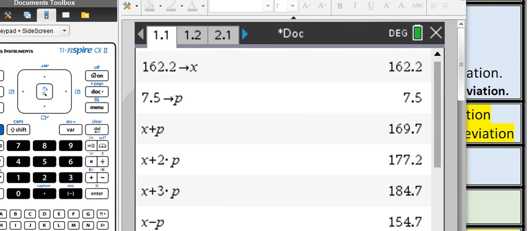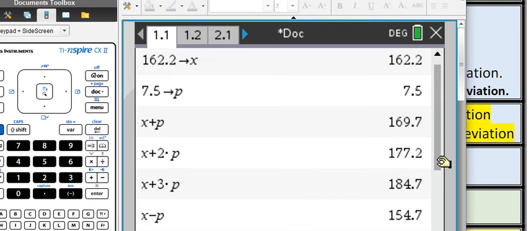Now, my goal was to store 162.2 as x for the mean, 7.5 as p for our population standard deviation, and then just calculate the deviations from the mean. So x plus p, that's one deviation from the mean to the right. x plus 2p is two deviations. x plus 3p is three deviations of the mean.